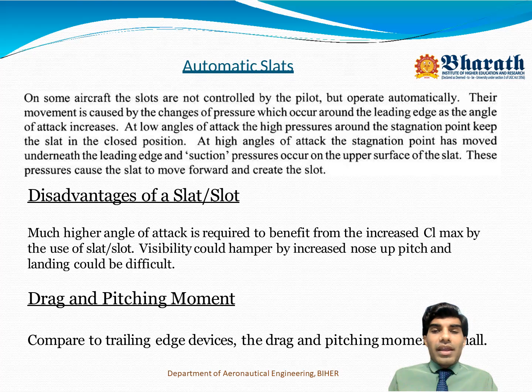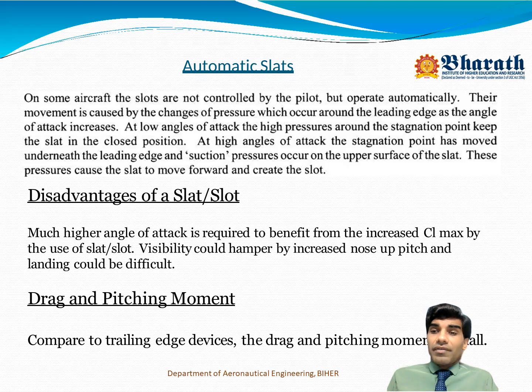At low angle of attack, the high pressure around the stagnation point keeps the slat in the closed position. So if we have a low angle of attack and high pressure, this maintains the stagnation point, because if the stagnation point moves beyond that, flow separation will happen, and the amount of lift which we want keeps on reducing.